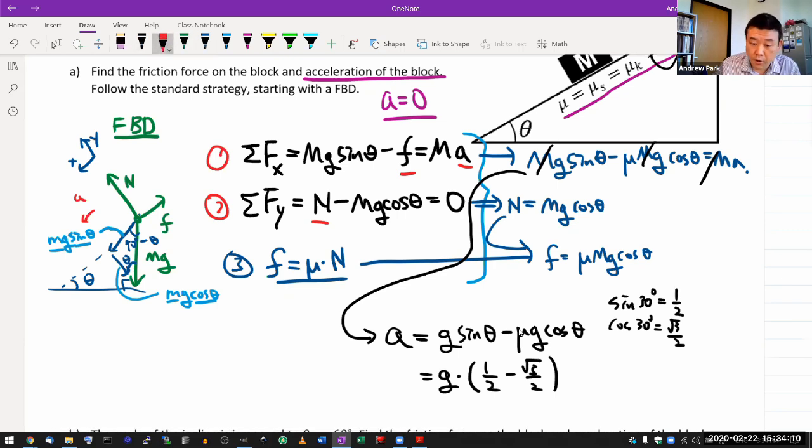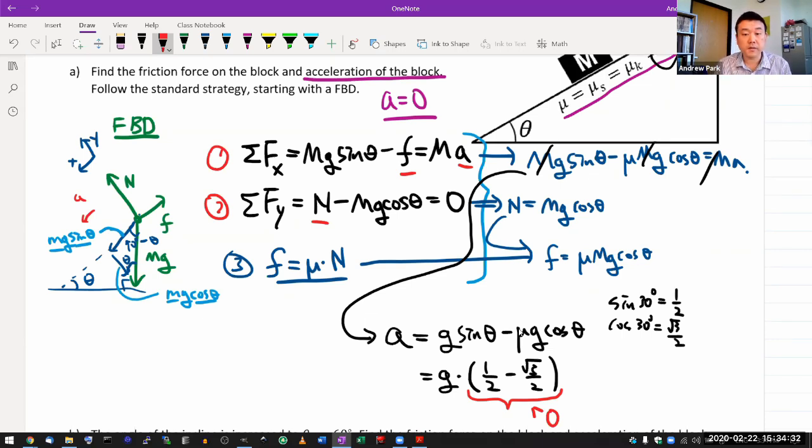And this is where I hope you realize that this answer gives you a negative number. And this is what we mean by sanity check. Does this answer make sense? Usually a negative answer means that the direction of a vector quantity is in the opposite direction to what you're assuming.